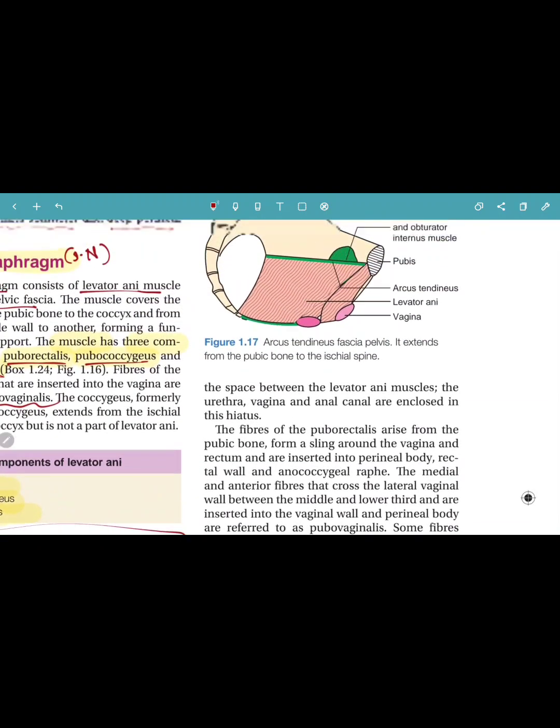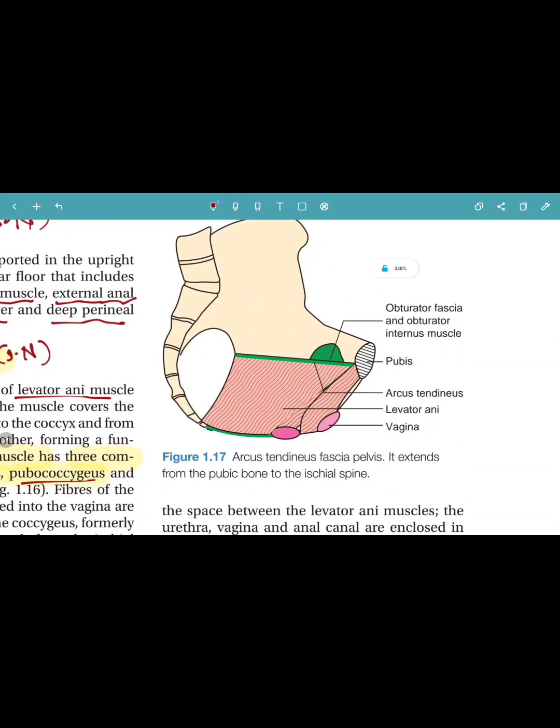Just remember this diagram. This is your pubis. This is the obturator fascia and the obturator internus muscle over here, and this common white line from which all the levator ani muscles will be arising is your arcus tendinous. Very, very important.